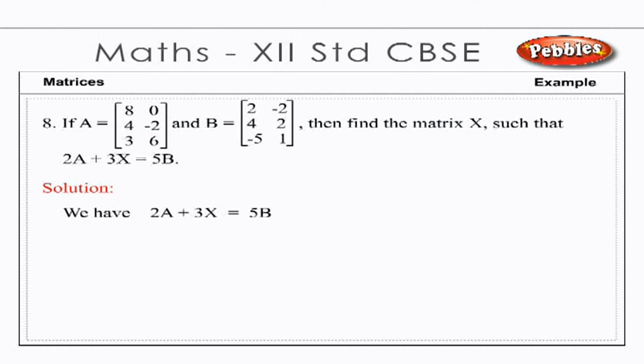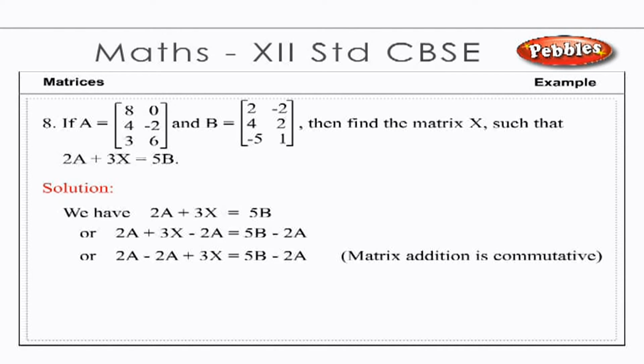Solution. We have 2A + 3X = 5B, or 2A + 3X − 2A = 5B − 2A, or 2A − 2A + 3X = 5B − 2A.